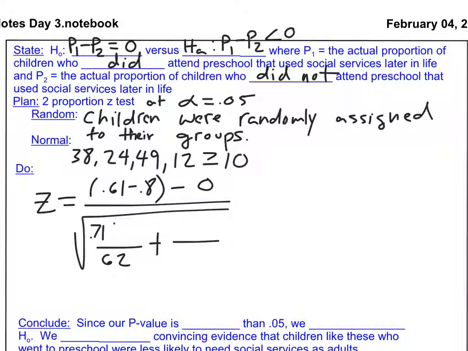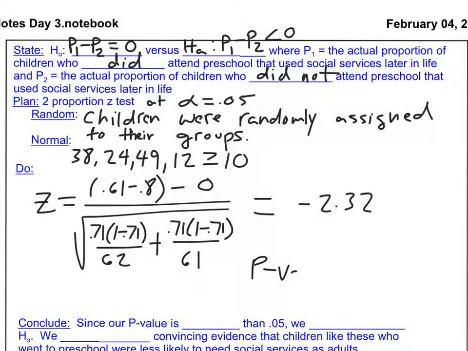Again, I'll use my combined proportion, which is 0.71. Of course, z-score and p-value will come from the calculator. That's what we have.